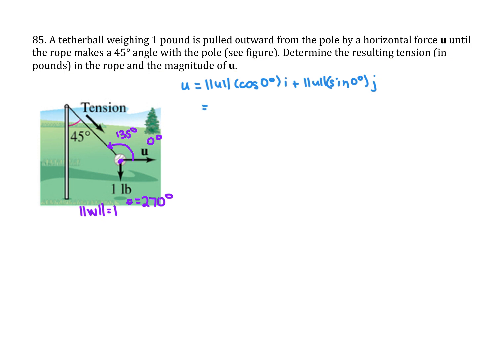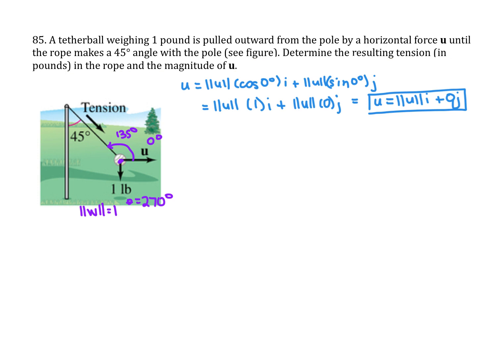So we have the magnitude of U, cosine of 0 is 1, i, plus the magnitude of U, sine of 0 is 0, j. So we can simplify this as vector U is the magnitude of U, i, plus 0j.